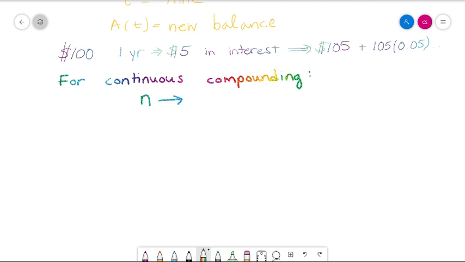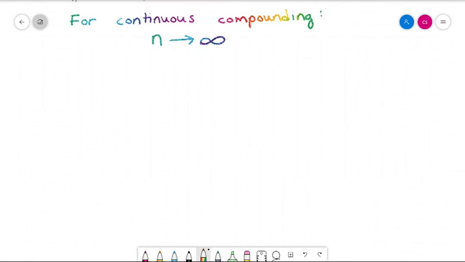Well, if it's every single moment, we'll be compounding infinitely many times during the year. So really, we're talking about a limit when we're talking about continuous compounding. So in that case, A sub t would be equal to the following. We'd be looking at the limit as n approaches infinity of our formula we just had. The one we just wrote down for compounding n times a year. Okay, so that's what continuous compounding is.